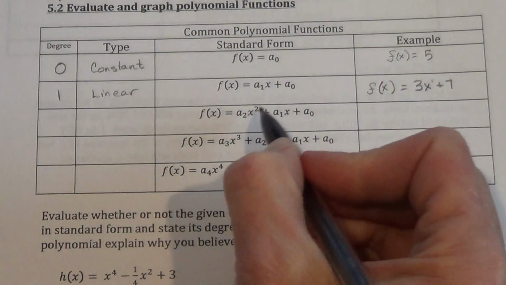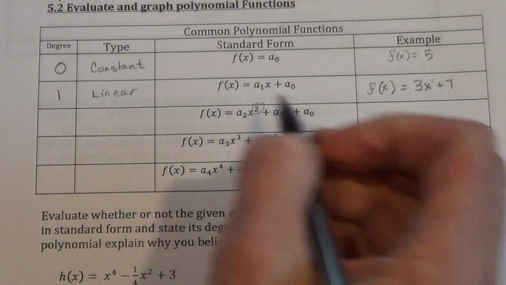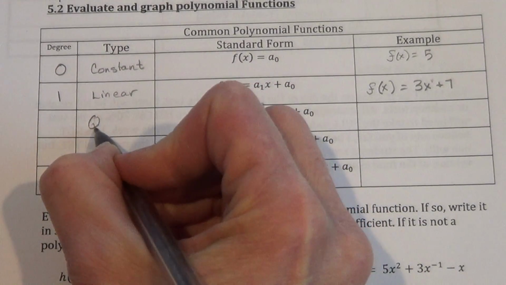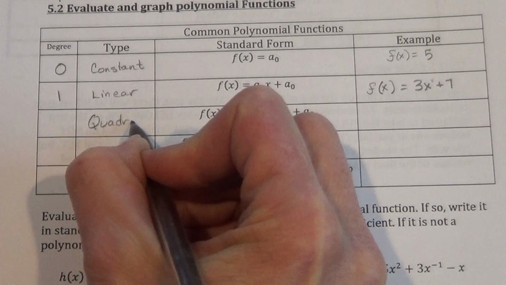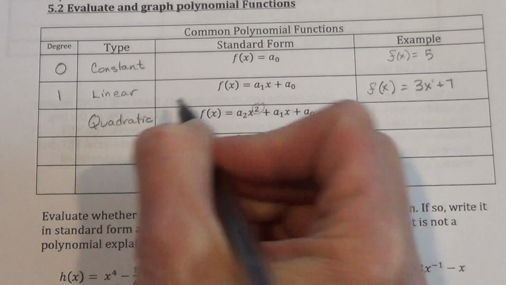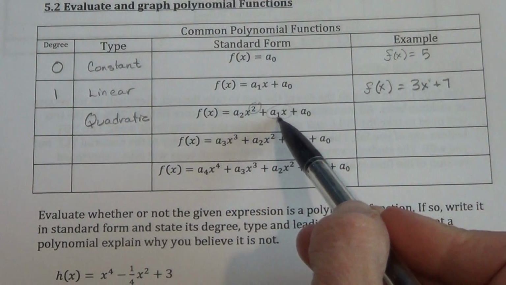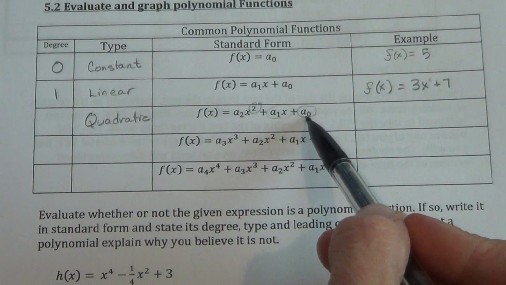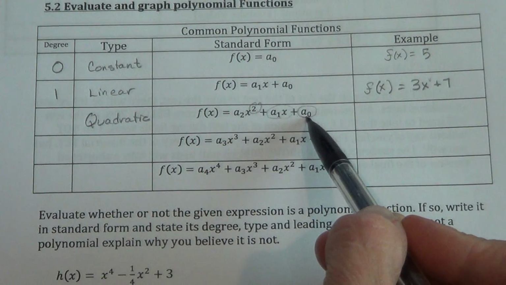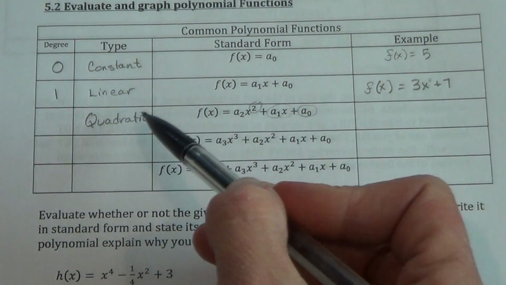Now the next one, when we get to the second power, we have a quadratic. If it contains all the terms possible, then it will have a term to the first degree and a constant. It doesn't have to have all of those terms in order to be a quadratic.